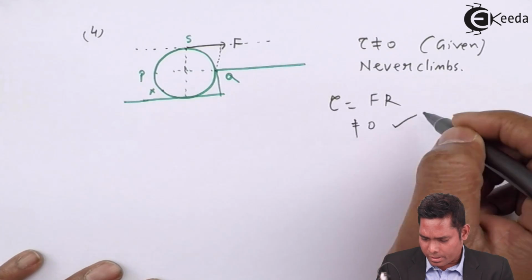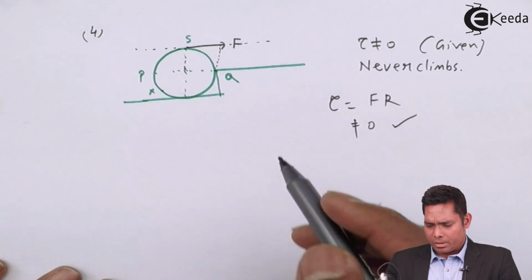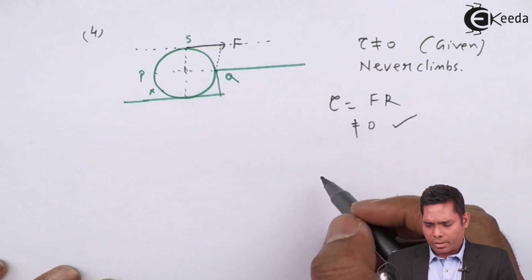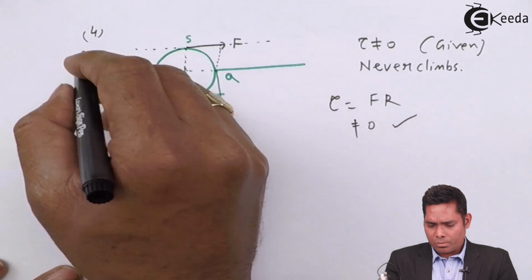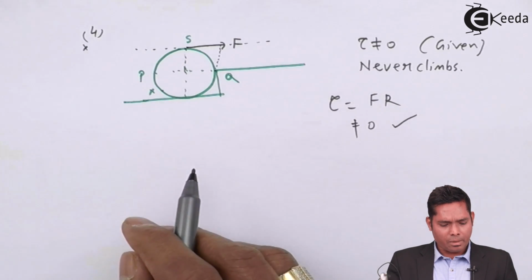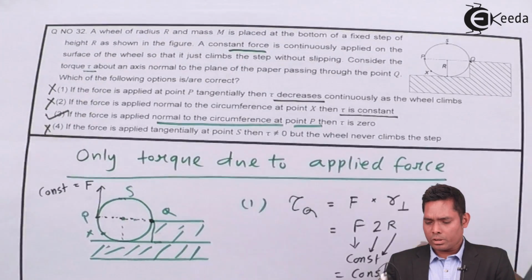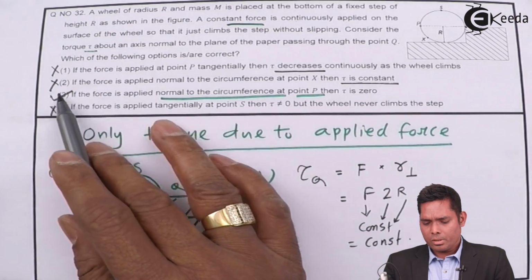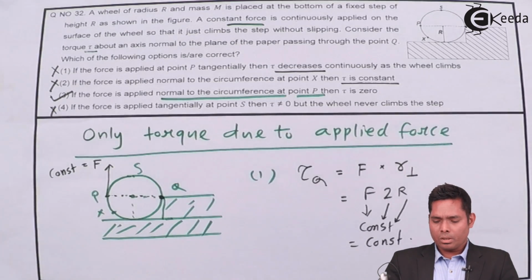Obviously it's not 0, this part is correct. But it will never climb, that is not correct, because if the force is sufficient, then it will climb up. This option is wrong. If the force is very, very large, it will climb. So option number 2 is the only correct option.